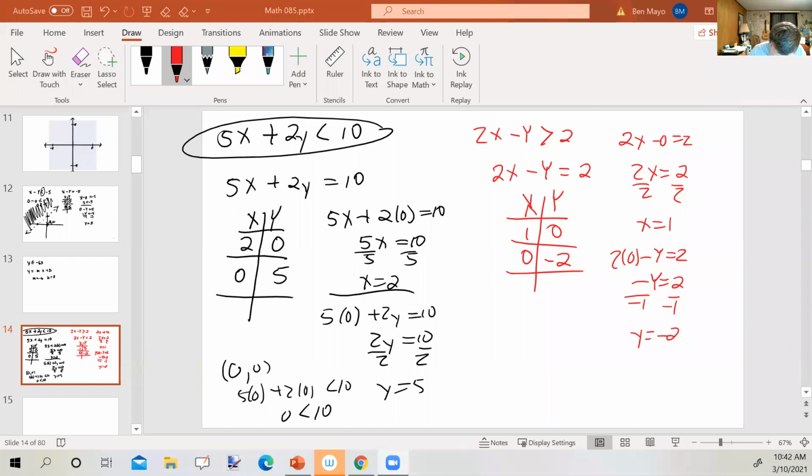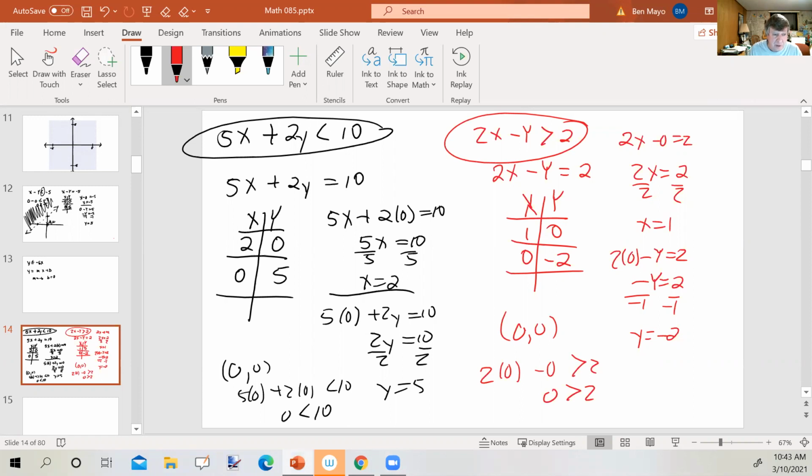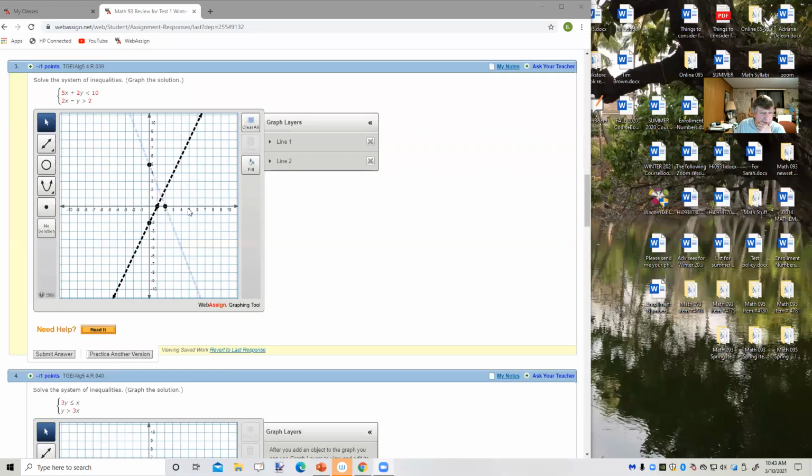Let's use the test point 0, 0 and put that into the actual inequality. 2 times 0 minus 0 greater than 2. That is not true. So 0, 0 is not a solution to the second inequality. So what does that mean? This first one, the fill would be below the line.